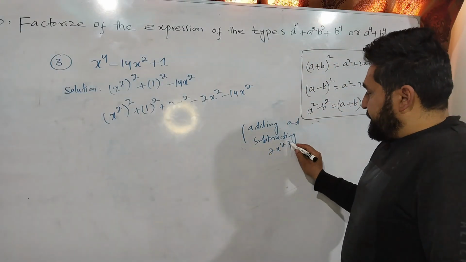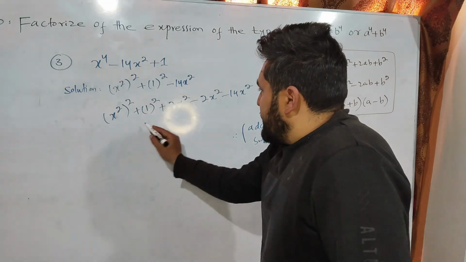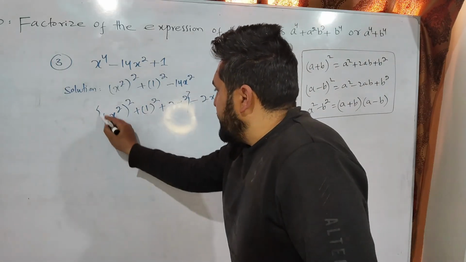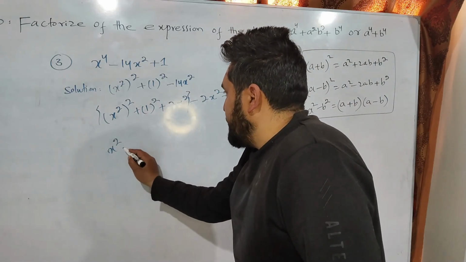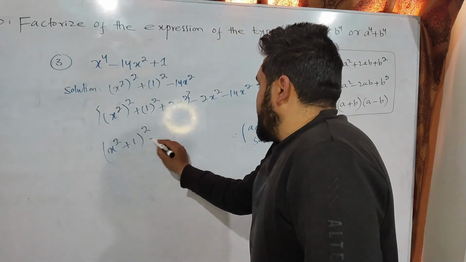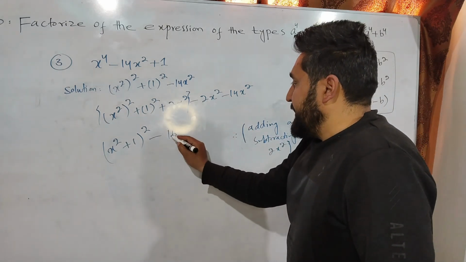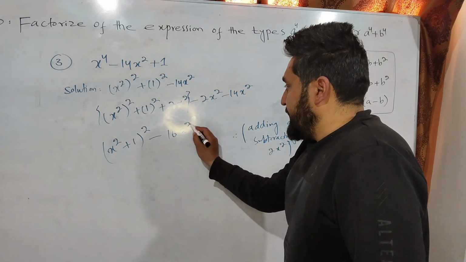It is clear? So this is a formula, that is (x square plus 1) whole square minus 2x square minus 14x square, that is minus 16x square.